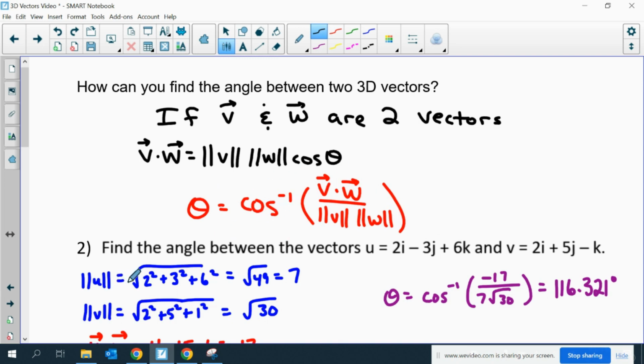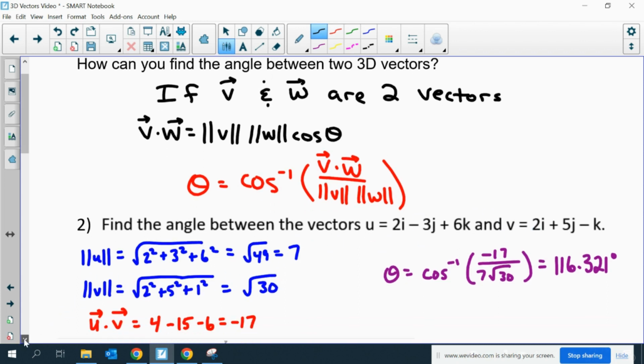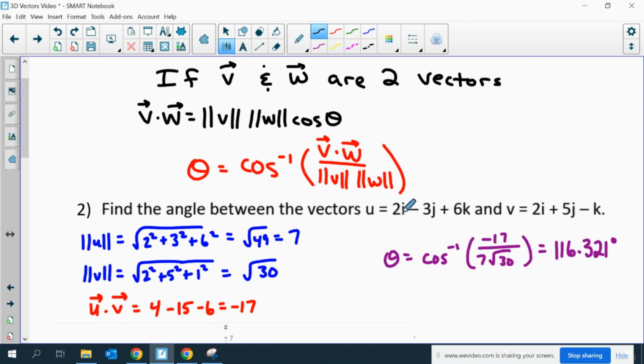We're going to find the magnitude of u, which is 7, the magnitude of v, which is the square root of 30. Then we'll find the dot product of these two vectors. 2 times 2 is 4, negative 3 times 5 is negative 15, and 6 times negative 1 is negative 6. We add those together, we get negative 17. And so we take the arc cosine of the dot product divided by the magnitudes of those two multiplied together.